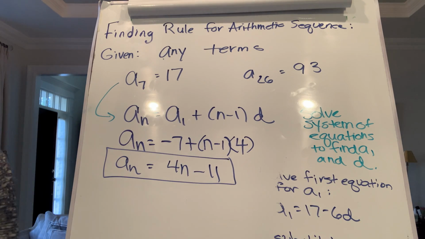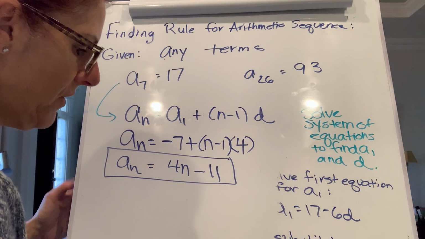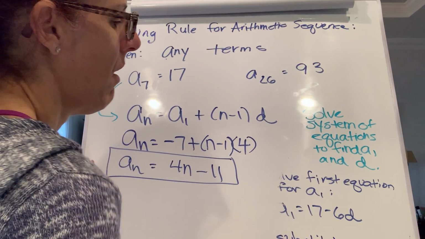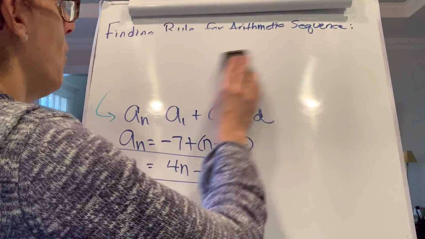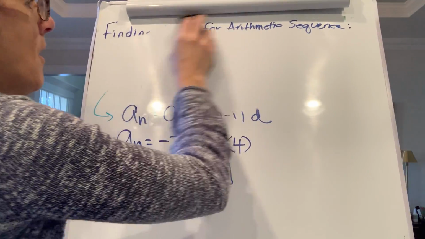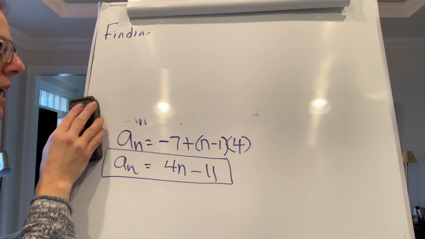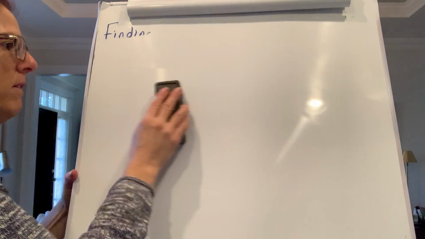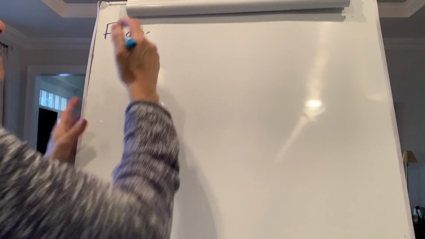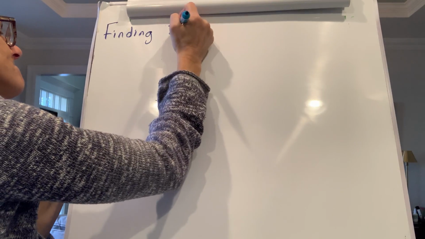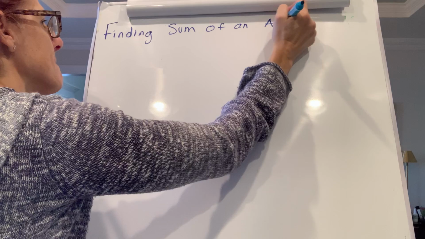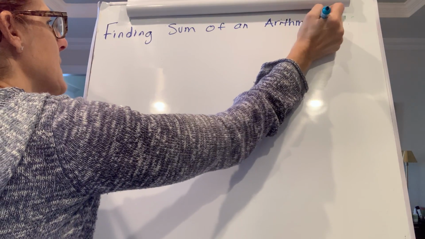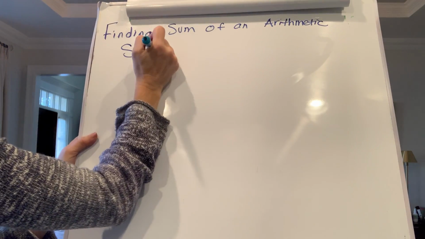All right, last but not least is how do you find the sum of an arithmetic sequence without having to list out all the terms and adding them all up? So, finding the sum of an arithmetic series.